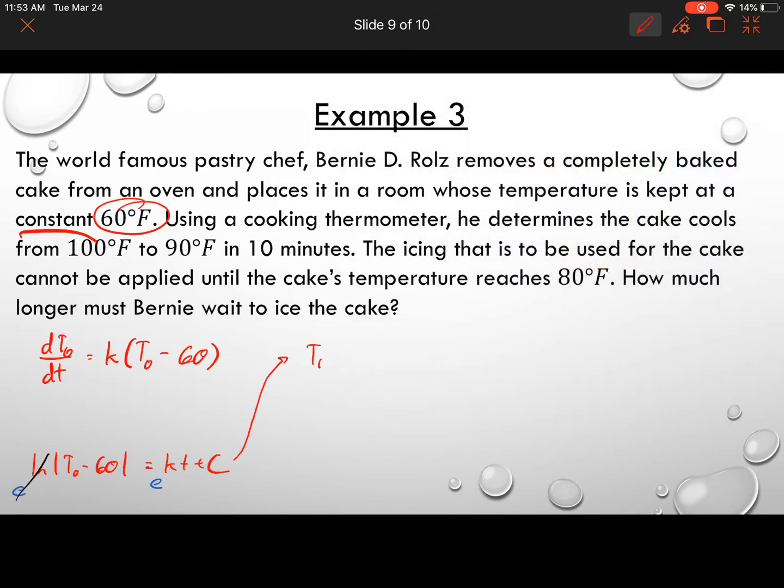So we're left with t sub 0 minus 60 is equal to e to the kt plus c, which, if you recall from yesterday's lesson, we can write as just capital C e to the kt power. Then we would just add 60 to both sides. So t sub 0 is equal to capital C e to the kt plus 60.